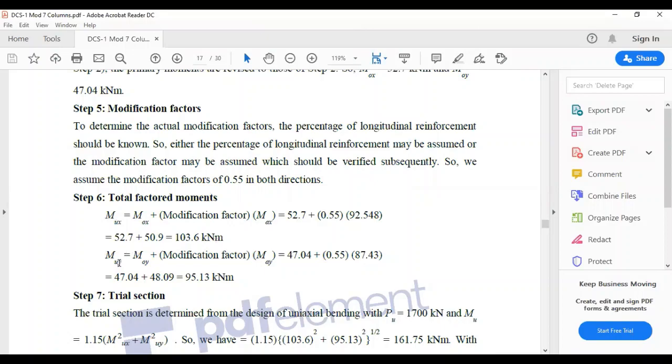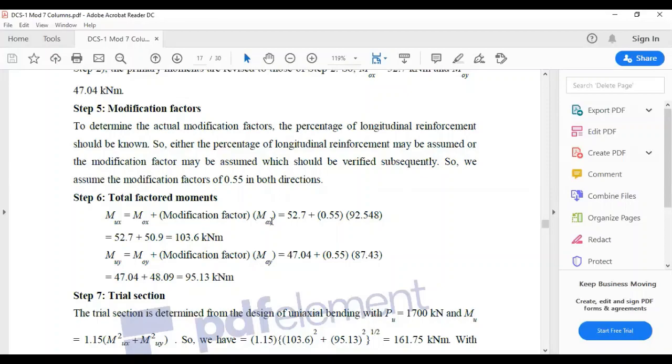Similarly for MUY, the formula is MOY plus modification factor multiplied by MAY. MOY is 47.04, modification factor is assumed to be 0.55, and MAY is 87.43. So the value of MUY comes out to be 47.04 plus 48.09, and the value comes out to be 95.13 kilonewton meter.